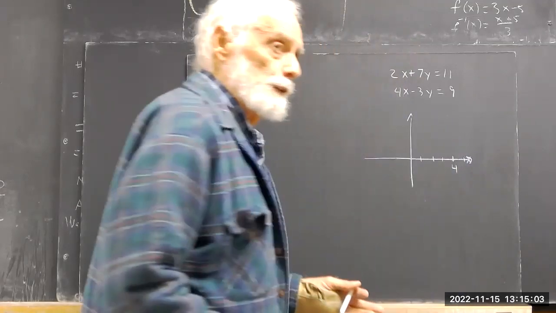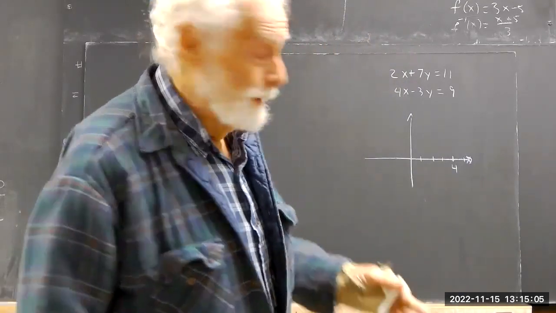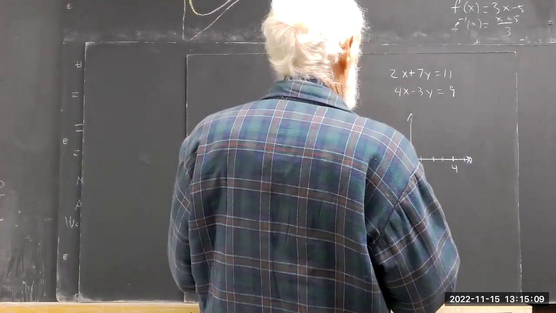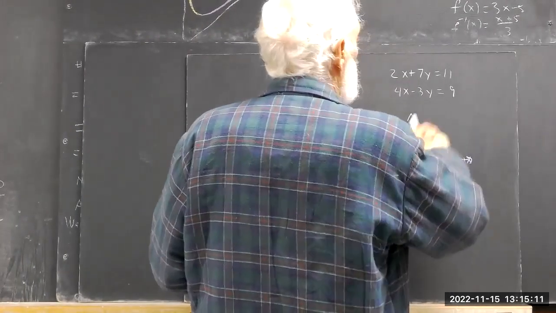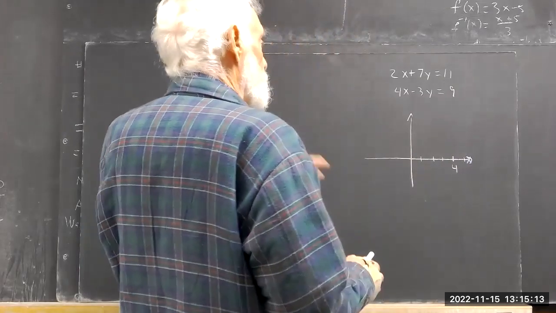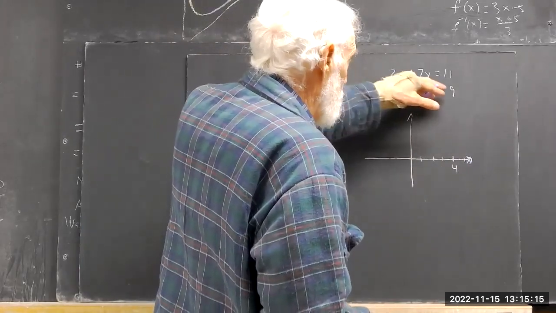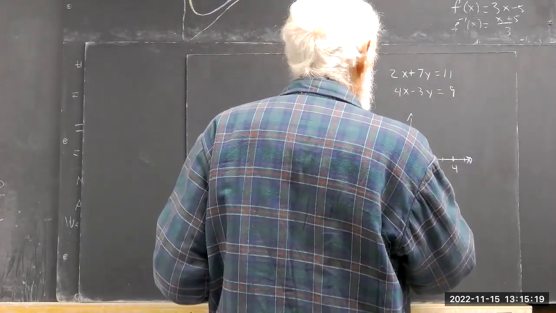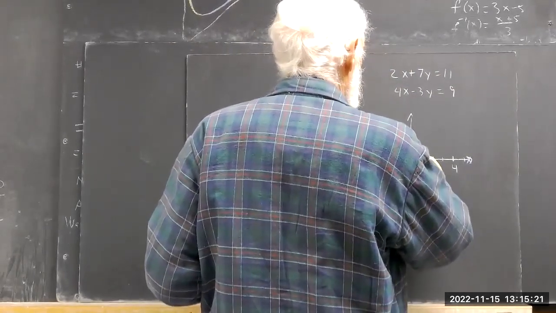And I'm not going to write this out. Everybody knows how to do this, or you did at one point, and all you've got to do is a little bit of review. The y-intercept occurs when x equals 0. That's going to be y equals 11/7, which is a little over 1.5.